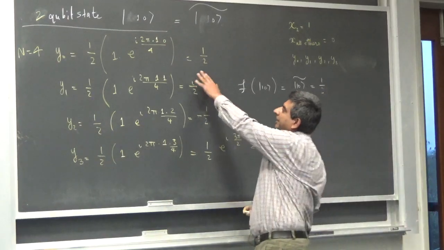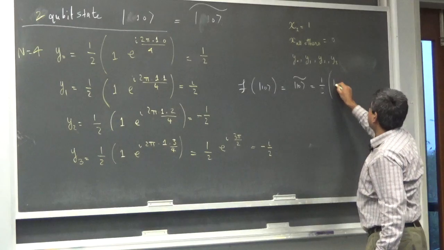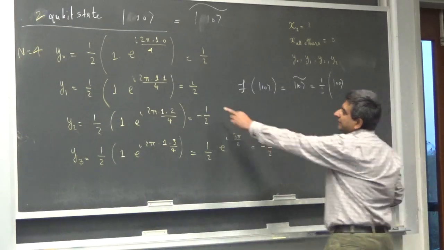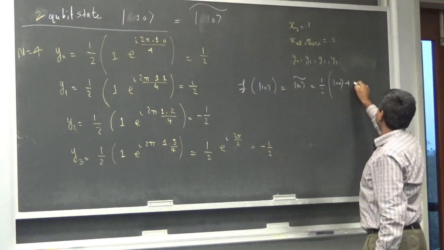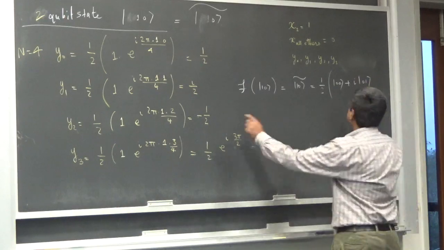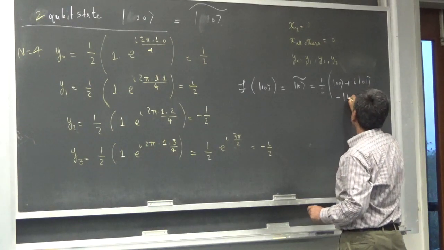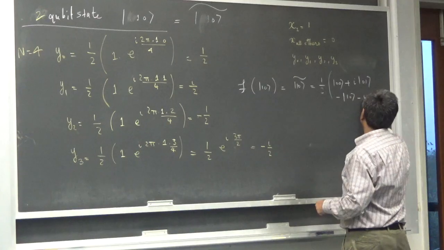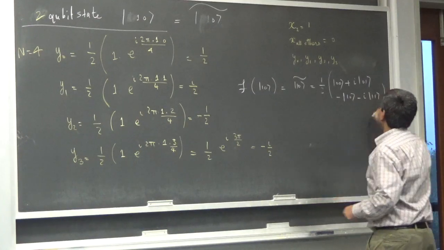Now y naught is the coefficient of the state 00. This is the coefficient of the state 01. This is the coefficient of the state 10, and this is the coefficient of the state 11.